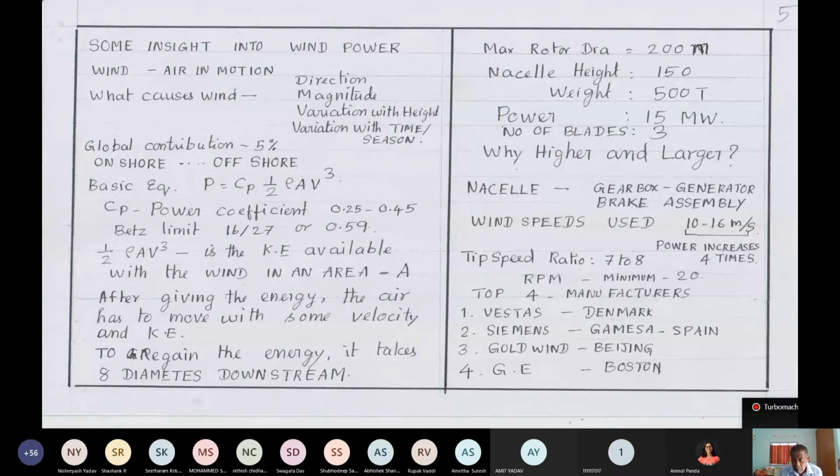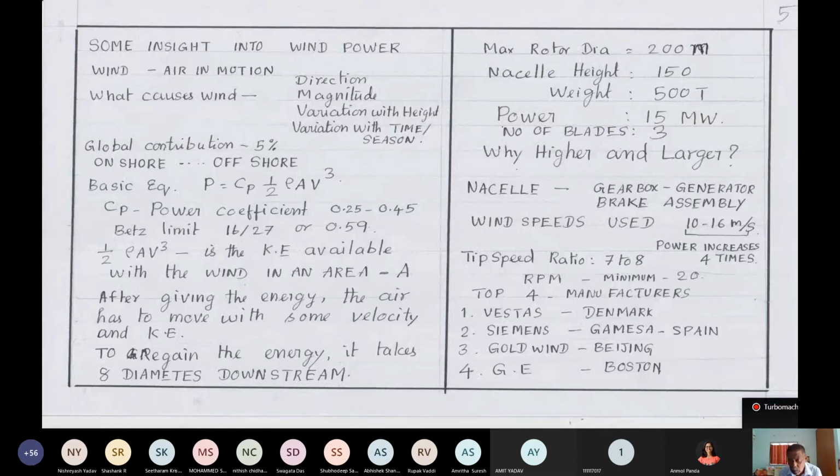Remember, wind turbines, basically you may say horizontal axis is there, vertical axis is there. But most of these wind turbines are horizontal axis only. Vertical axis, some small ones might be there somewhere. Most of these wind turbines are horizontal axis, and the axis orientation can be changed. Yawing is done.